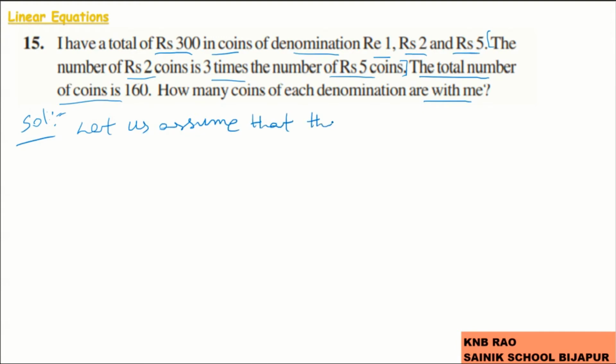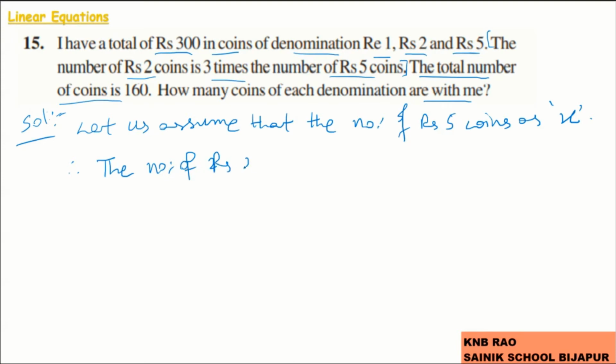that the number of rupees 5 coins as X. So if I assume, then I'll have the number of rupees 2 coins being 3 times of that X, and next I will use this sentence, the total number of coins as 160.